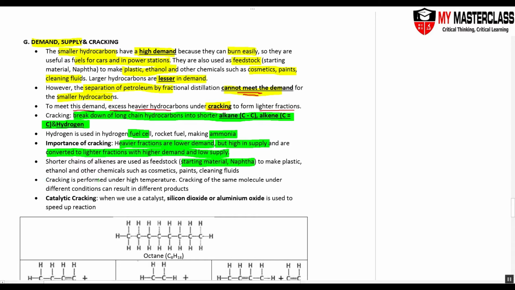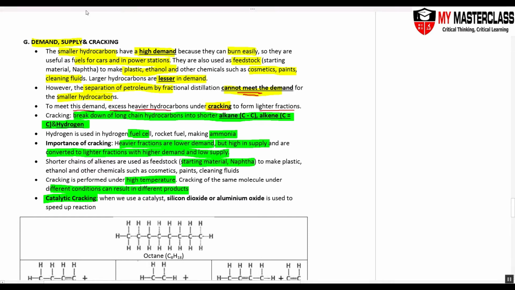Okay, cracking is performed under high temperature. So cracking of the same molecule under different conditions can result in different products. Okay, and then we also have what we call catalytic cracking. So be careful, if they just say normal cracking, this is high temperature. Catalytic cracking means you need to have a catalyst. So what does the catalyst do? It speeds up the reaction by lowering the activation energy.